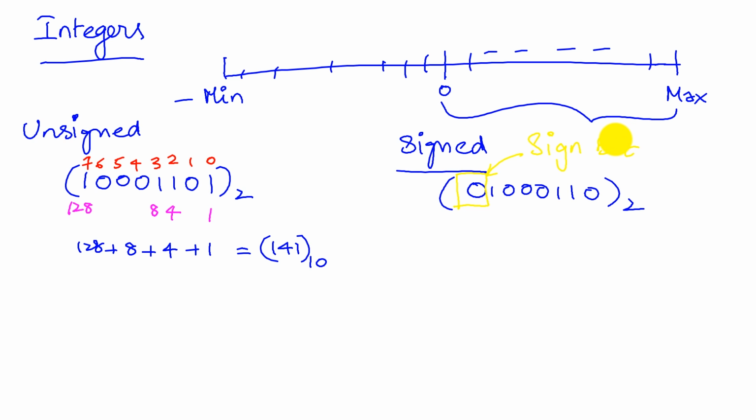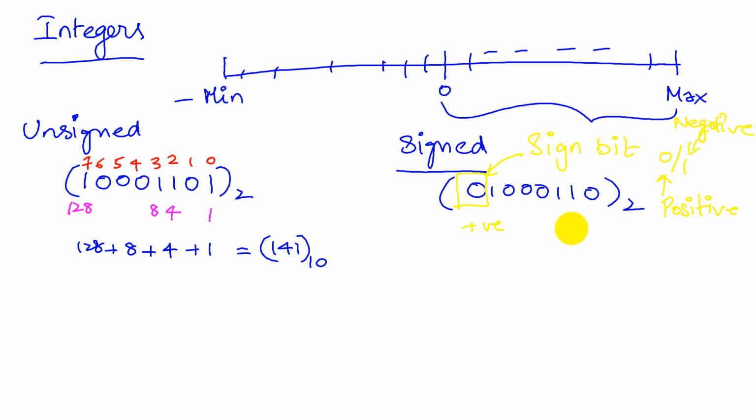And the significance is that a sign bit is either a 0 or a 1 to represent positive numbers or negative numbers. So here's a number, because it has a 0 here, it has to be a positive number. So let's understand what this number represents.